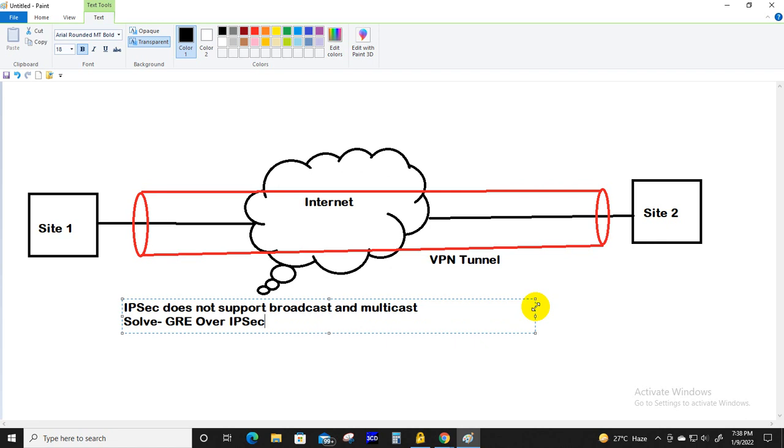Otherwise, we have to create full mesh tunnel between many sites, which must have configuration over it. We have solutions also, that Cisco's DMVPN solves this issue. DMVPN stands for Dynamic Multipoint VPN.